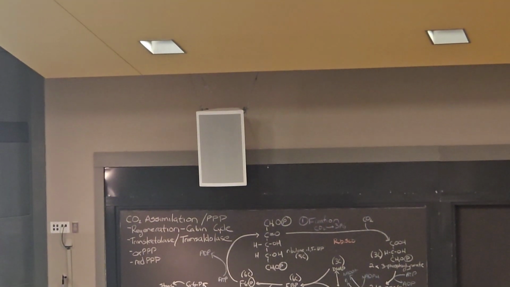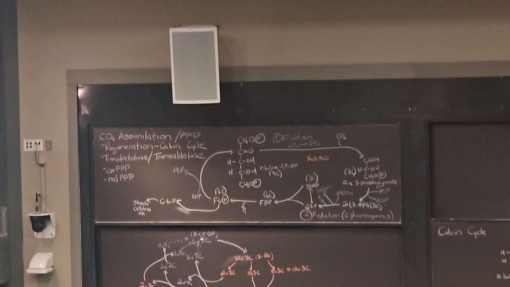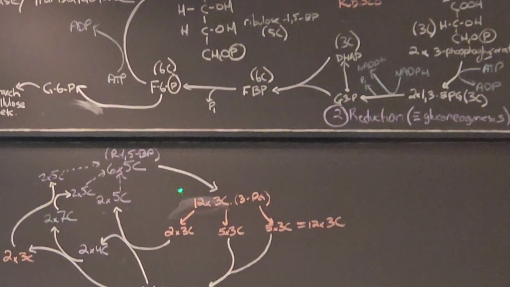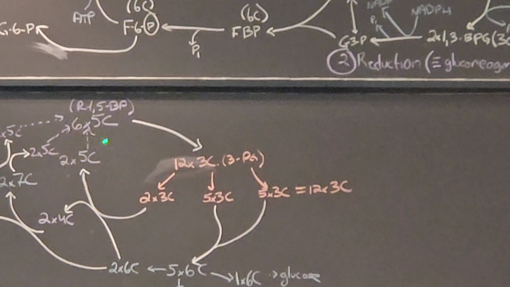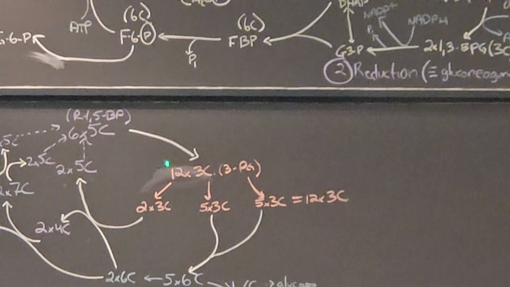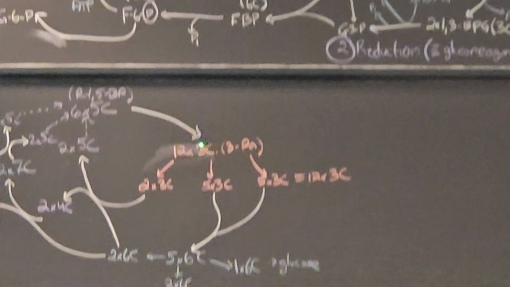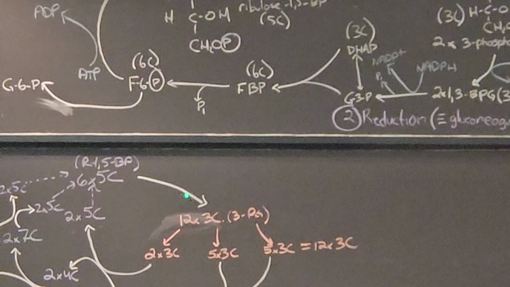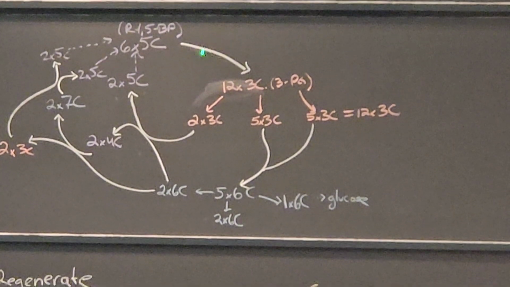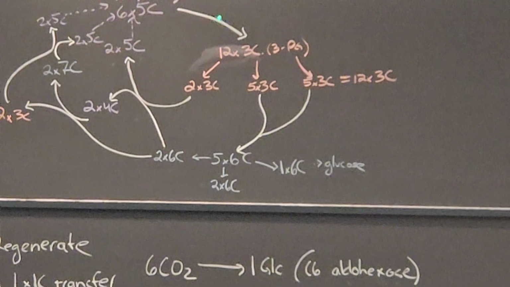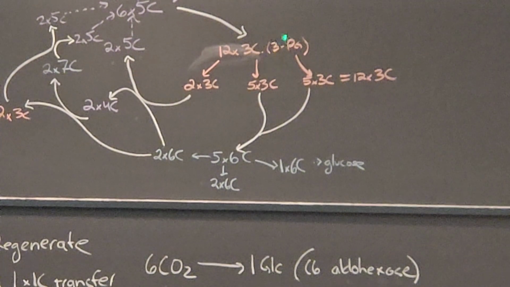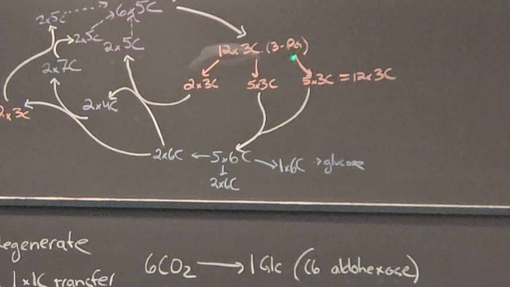And this is ribulose 1,5-bisphosphate. This is our CO2 acceptor. When we add 6 CO2 to the ribulose 1,5-bisphosphate, what we end up with is 12 3-carbon units, okay? 12 times 3 is 36, 6 times 5 is 30, plus 6 carbons coming in as CO2 gives us 36. And this is 3-phosphoglycerate.